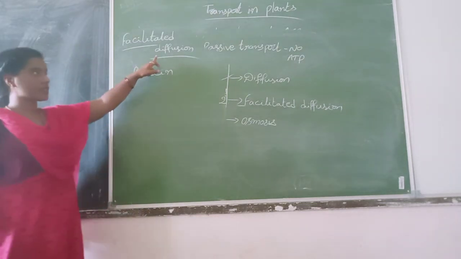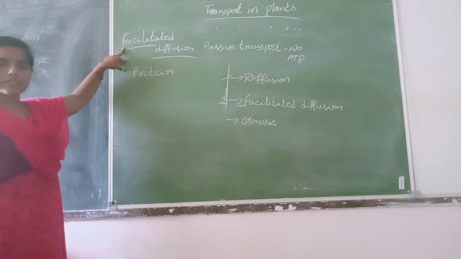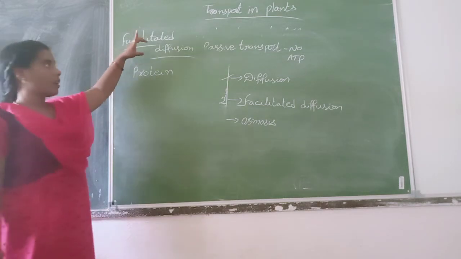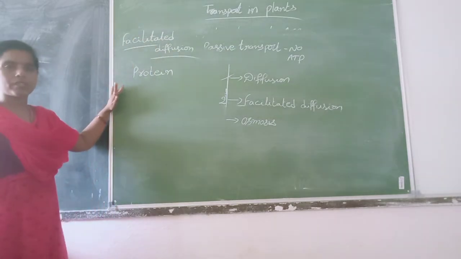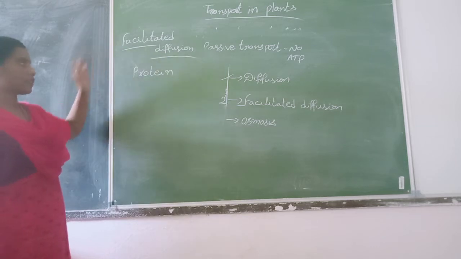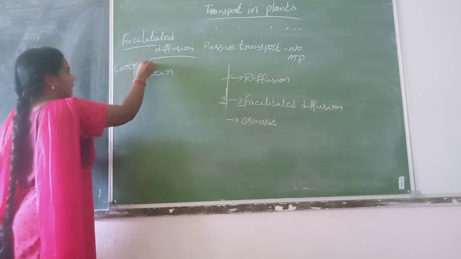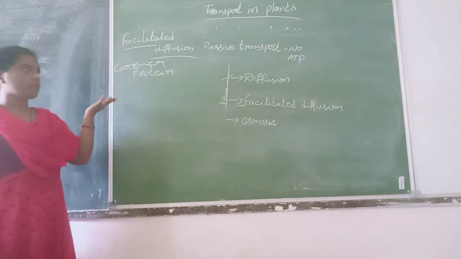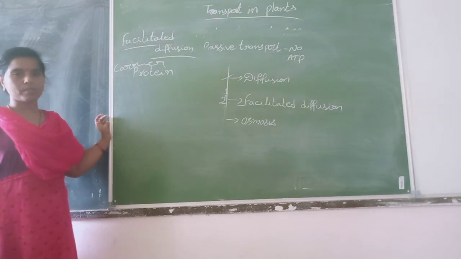Proteins are helpful for the diffusion process, so we call it facilitated. Proteins which are facilitating the diffusion process are called carrier proteins. A large number of carrier proteins are present in the bodies of living organisms.